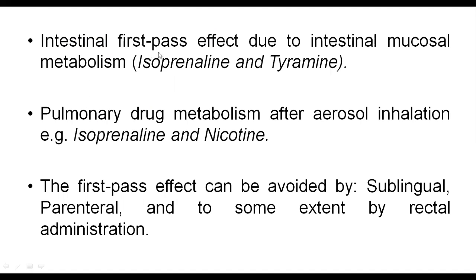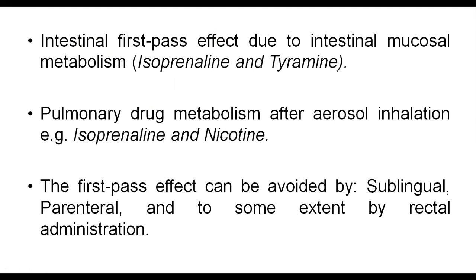Now, intestinal first pass metabolism is due to intestinal mucosal metabolism, and examples of drugs that undergo it are isoprenaline and tyramine. For pulmonary drug metabolism after aerosol inhalation, isoprenaline is one of those drugs, but also nicotine.